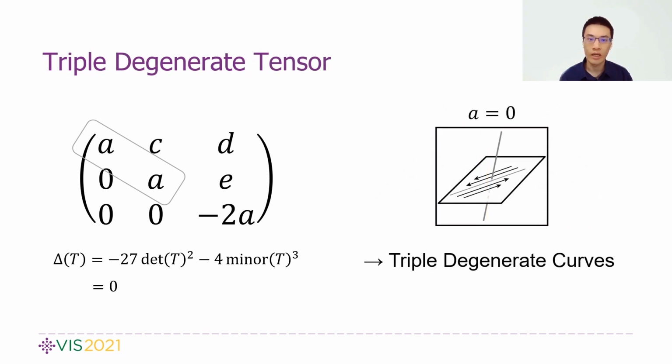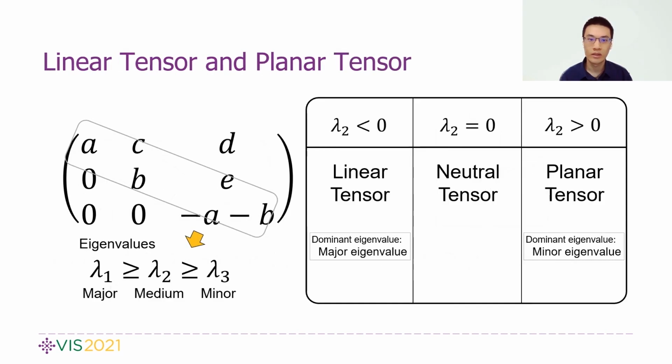Moreover, when A of the Schur form is 0, all three eigenvalues of the tensor are 0. We refer to such a tensor as a triple degenerate tensor. Unlike 3D symmetric tensor fields, the triple degenerate tensors for asymmetric tensor fields are structurally stable and form curves. Next, in the real domain, we distinguish a tensor as linear, planar, or neutral by its median eigenvalue.